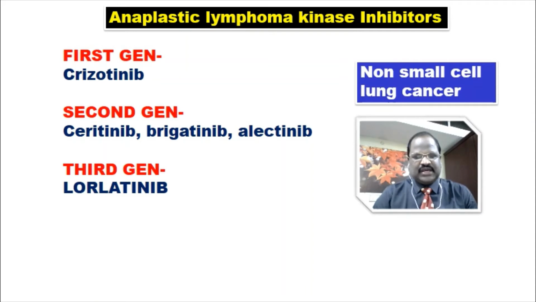The first generation drug name is crizotinib. Second generation drugs are ceritinib, brigatinib, alectinib. And the third generation anaplastic lymphoma kinase inhibitor is lorlatinib. All these drugs are useful for treatment of non-small cell lung cancer.